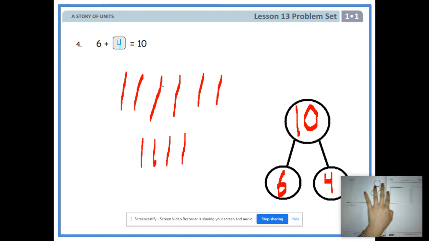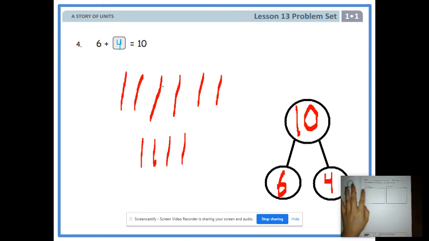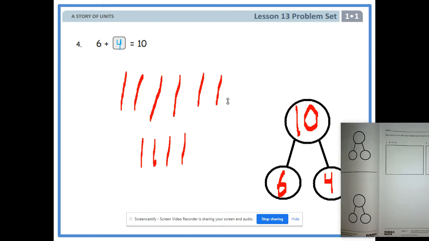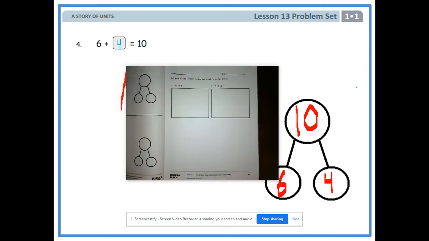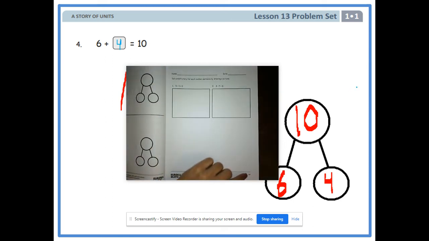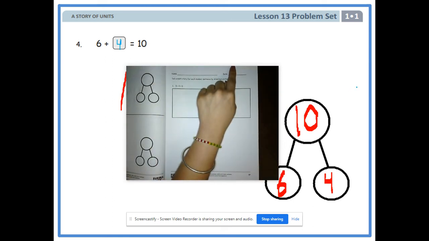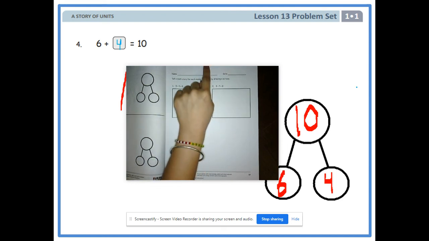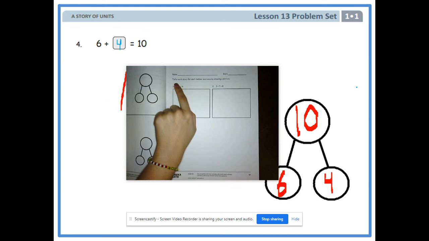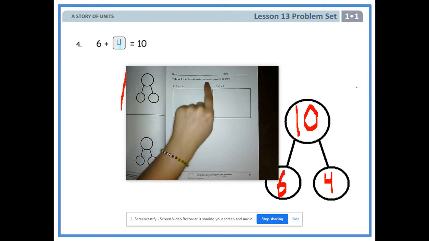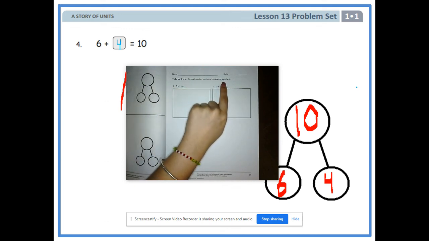Now, it's your turn to complete the exit ticket on your own, which is on this page, on page 97. Let me make this window bigger and bring it over here. As you can see, page 97 is your exit ticket. Name, date, and goal. We want to see your heading on your paper. And instructions say, Tell a math story for each number sentence by drawing a picture.